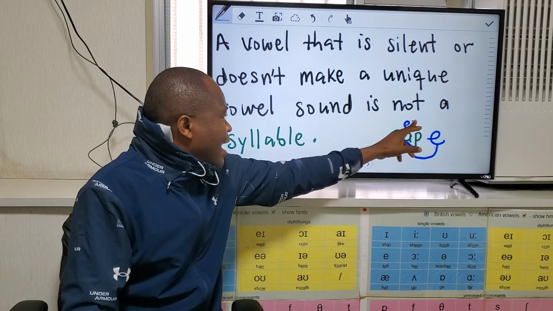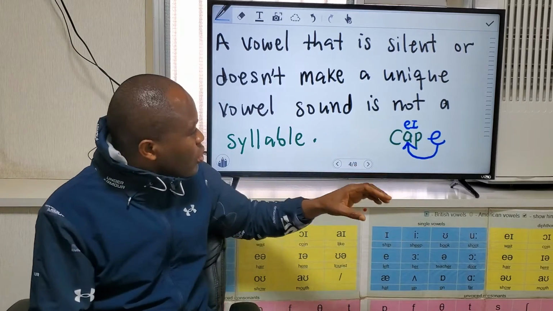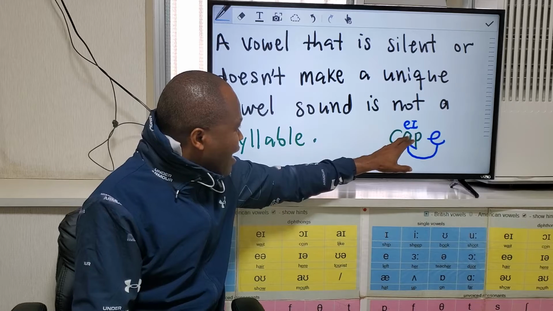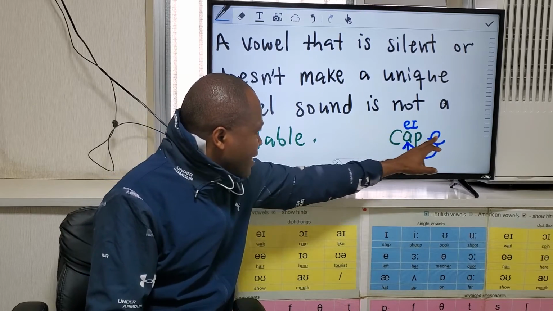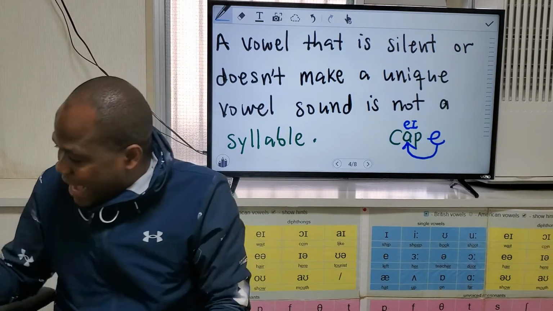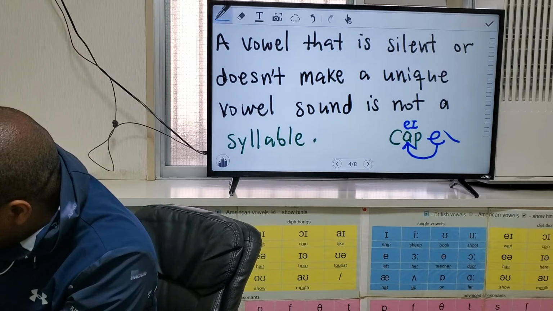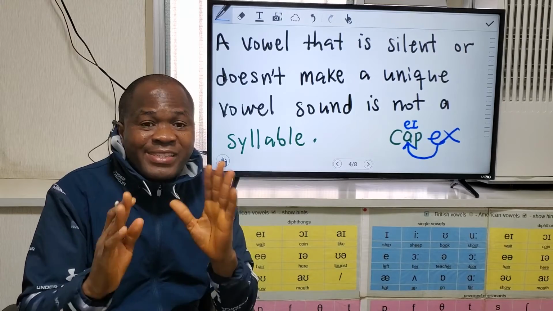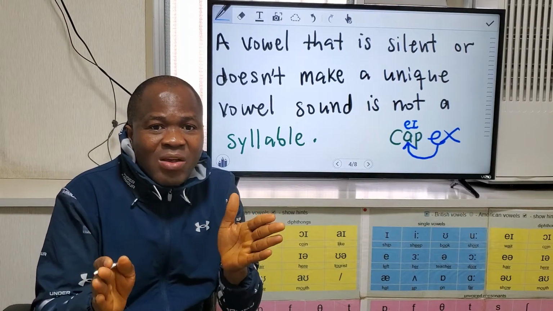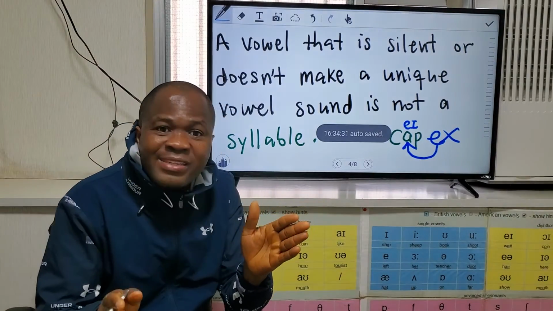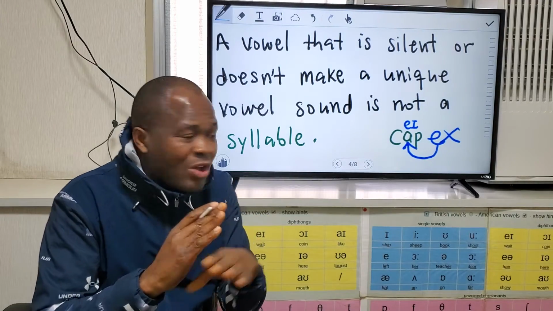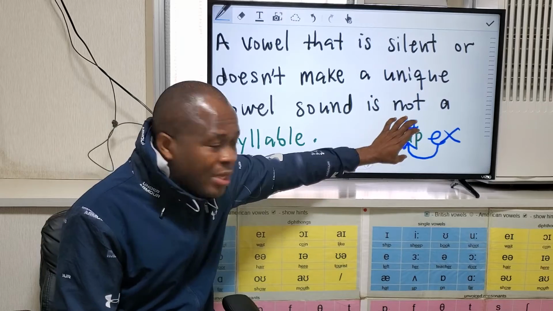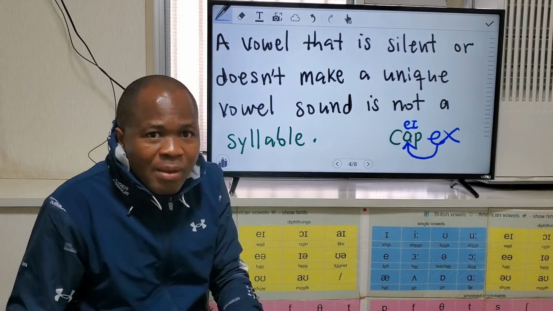Here we have two vowels, A and E. But the E, which is the letter E, does not make any sound. Even though it is a vowel, it is silent. It doesn't make a sound. Therefore, it isn't a syllable. At this juncture, the E is not a syllable.